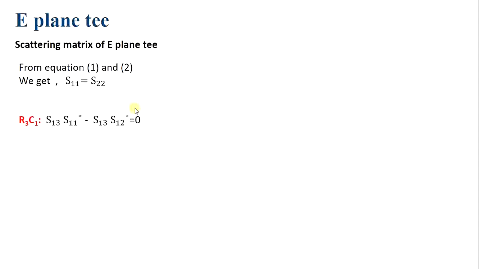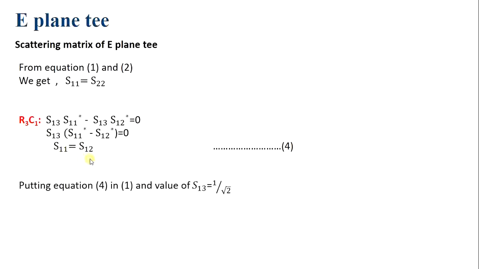Now we will multiply row 3 and column 1, which yields S13 into S11 conjugate minus S13 into S12 conjugate equal to 0, which is the orthogonal property. Taking S13 common, we get S11 conjugate minus S12 conjugate equal to 0. From here we get S11 equal to S12.